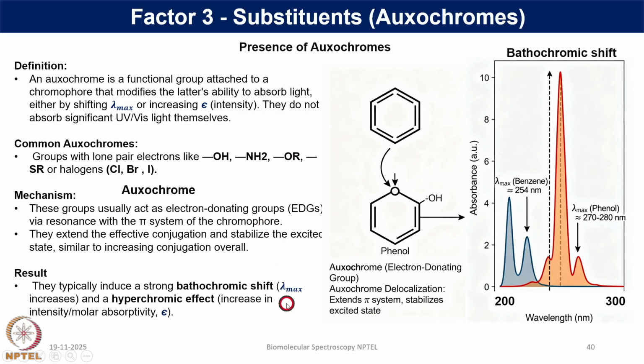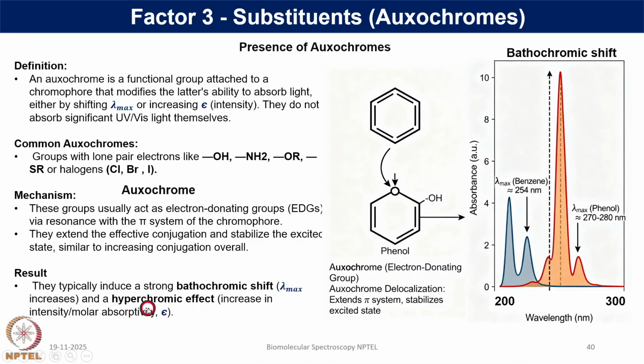Electron donating groups or delocalization extend the pi system, which destabilizes the excited state, and it shifts the absorption of the light. That is the mechanism: the group usually acts as an electron donating group via resonance to the pi system, extends the effective conjugation and stabilizes the excited state, and they essentially introduce a strong bathochromic shift.